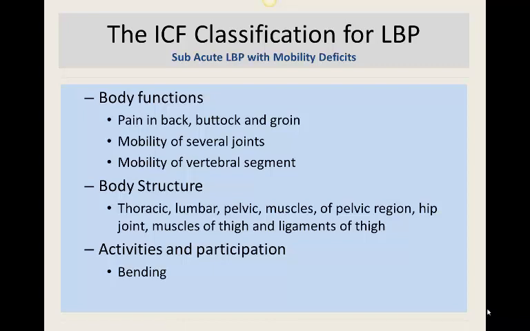There will be mobility deficits, possibly of several joints, vertebral segments, hip joints, thoracic, are all areas of mobility deficits. And this does involve thoracic, lumbar, pelvic joints, as well as the muscles and ligaments. And again, the main activity and participation limitation is going to be bending. Again, similar to the treatment-based classification of manipulation, mobilization.